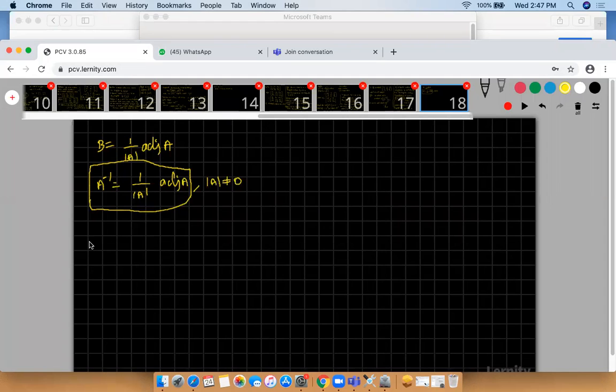Okay, so now look at the problems. If my A is equal to the matrix with rows 1 3 3, 1 4 3, 1 3 4. Okay, if you have any doubt, please send a message.